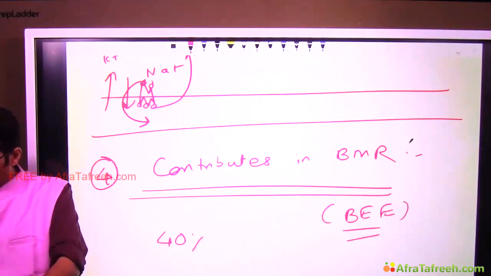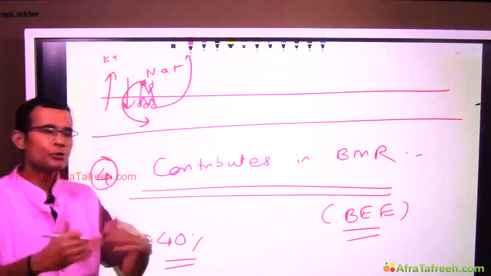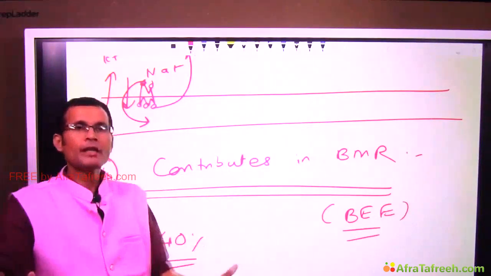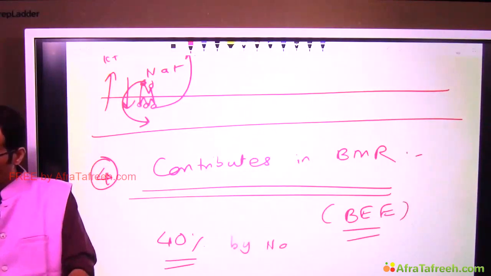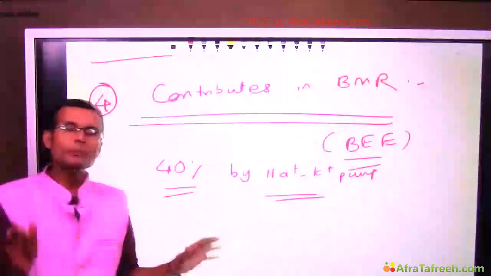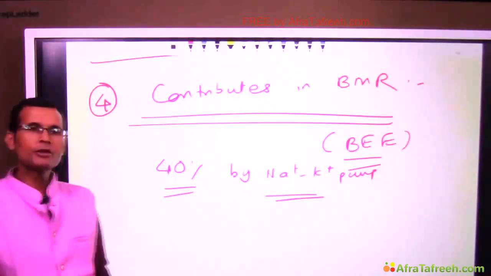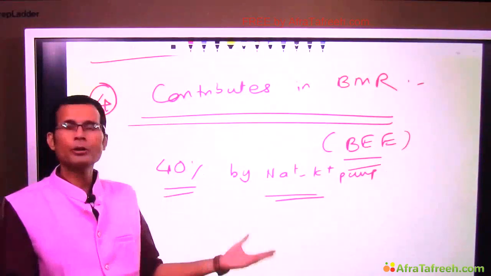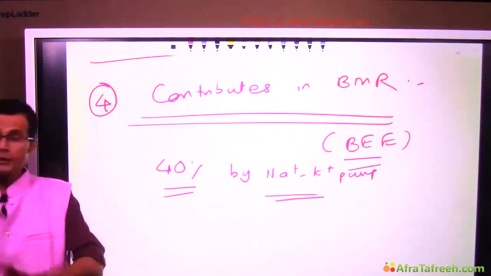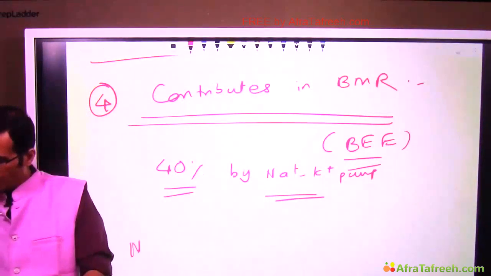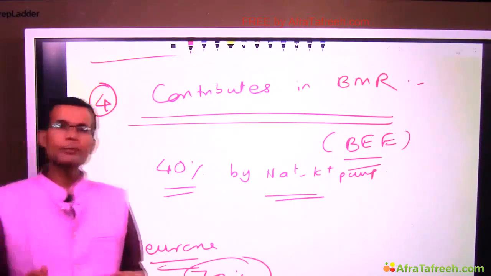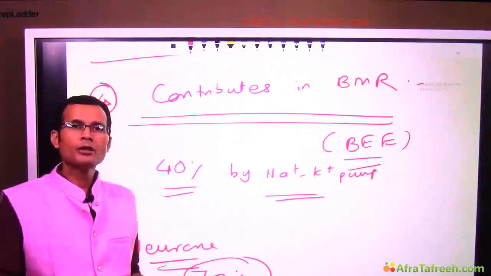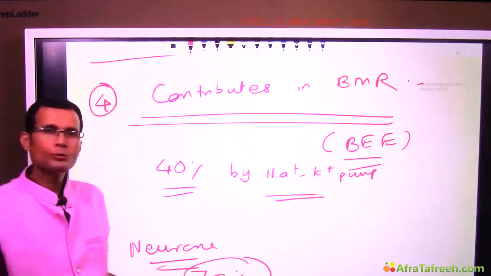So, out of the total basal metabolic rate which is going on for the sake of maintenance of the cells and survival, 40% is by the sodium potassium pump alone. This is for all the cells. In the case of neurons, it is as high as 70%. 70% of the neuronal ATP breakdown under basal conditions is by the sodium potassium pump.